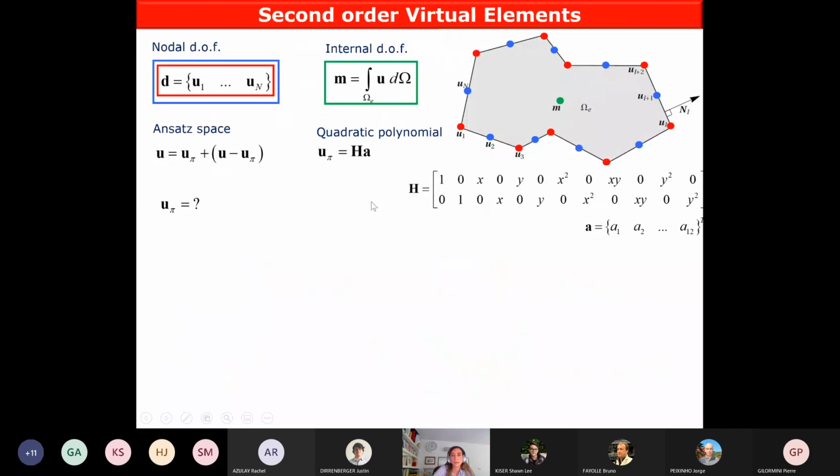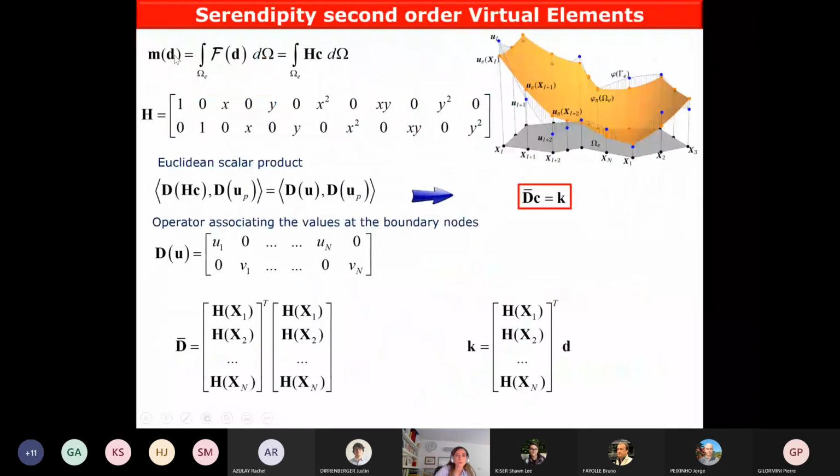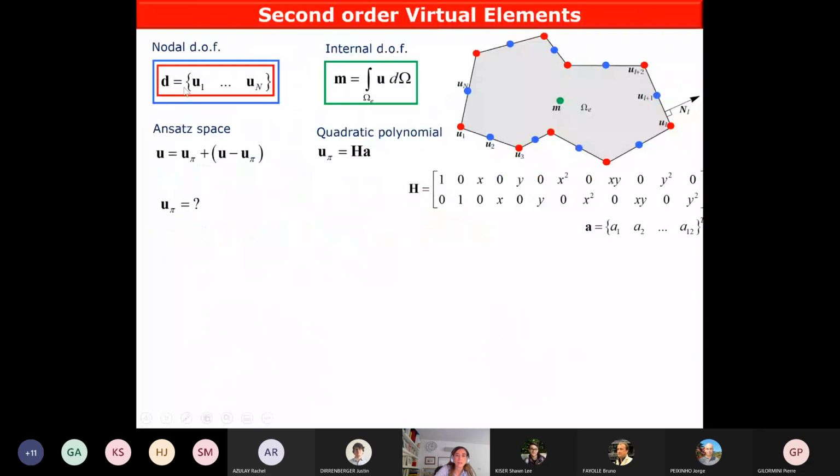So we want to get rid of this internal moment that is defined as the integral of the ansatz u. To do so, following this paper by Beirao da Veiga, Brezzi from 2018, it is possible to replace M by a properly defined expression that explicitly depends on D, where D are the nodal degrees of freedom.